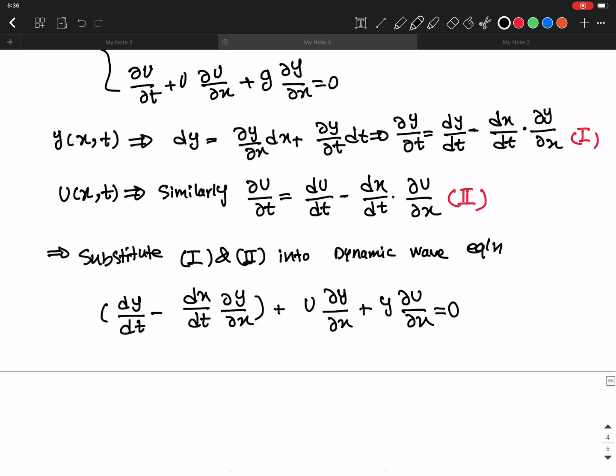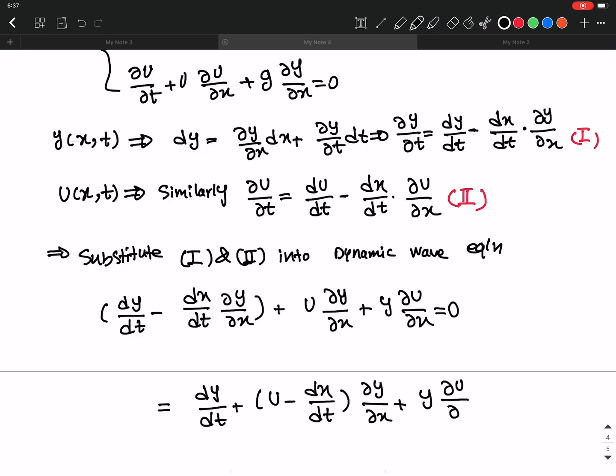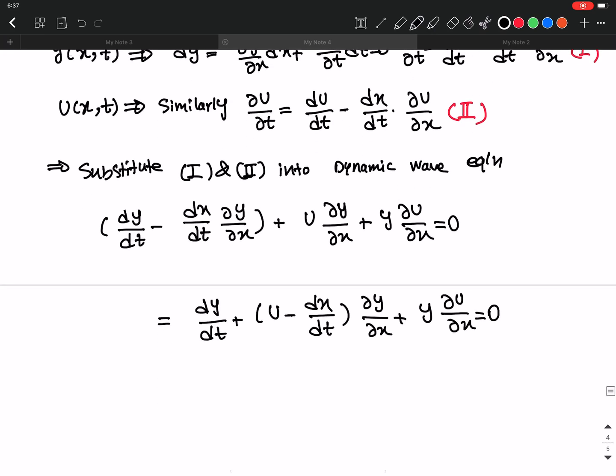I want to rearrange this: I'm going to factor partial y partial x, so I get dy/dt plus (u minus dx/dt) partial y partial x plus y partial u partial x equals 0.